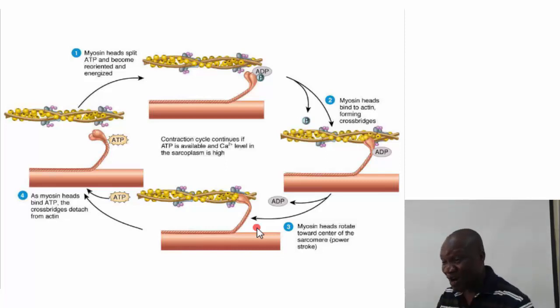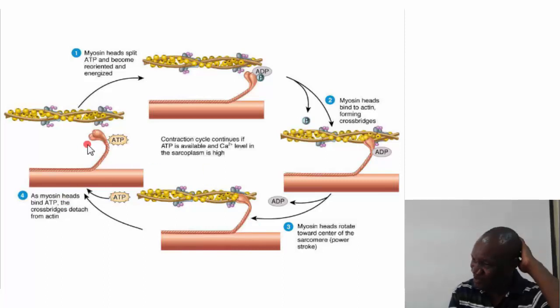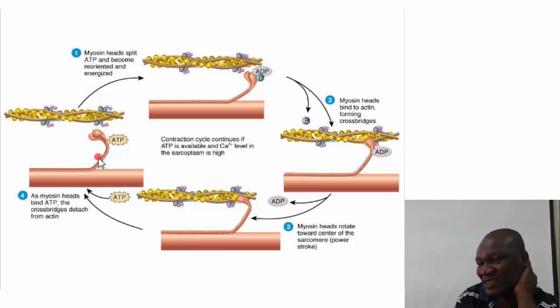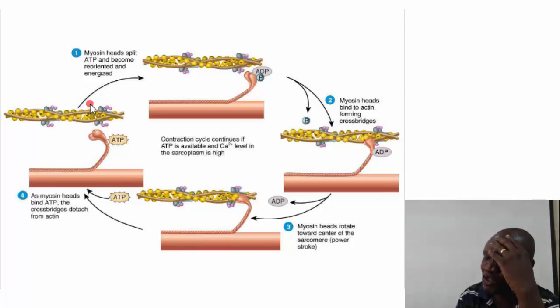Now I'll go over it again in a complete cycle. Originally, the myosin head has an actin binding site and an ATP binding site. When the myosin binding sites on actin have been exposed, the next stage is cross-bridge cycling.